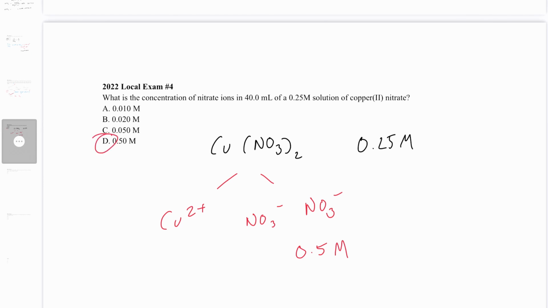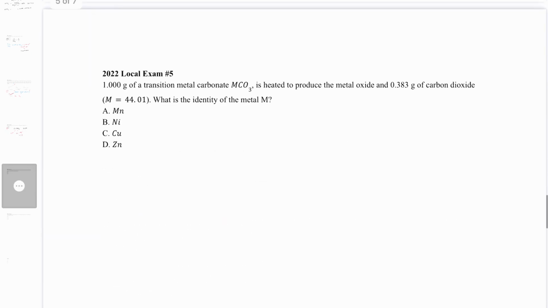All right, let's go to question 5. 1 gram of a transition metal carbonate, MCO3, is heated to produce metal oxide and 0.383 grams of carbon dioxide. What is the identity of metal M? All right, so you have MCO3, and it's getting broken down into the metal oxide and also carbon dioxide.